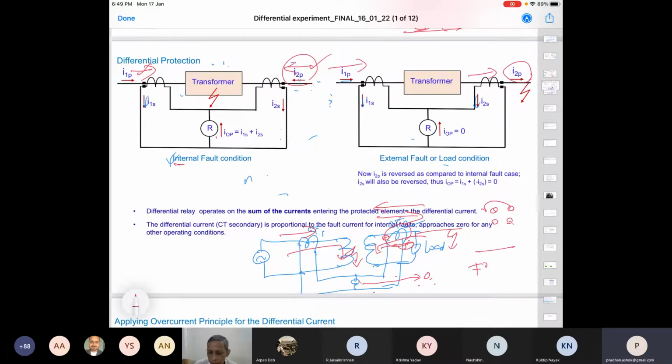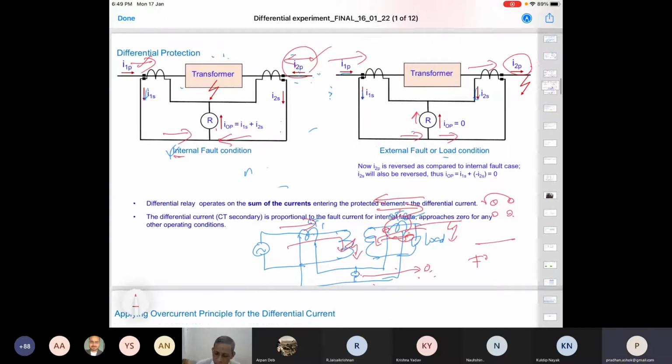So in this branch, when I consider this is flowing from this to here, and this is coming from here to here, I apply KCL and it becomes plus. But if it is going out of this, these two currents are theoretically the same, with N1 equals N2. Then this operating current will be 0. If I apply KCL in this branch, it will be 0.